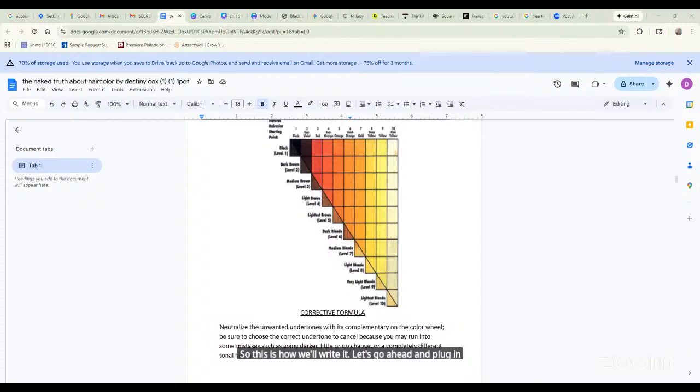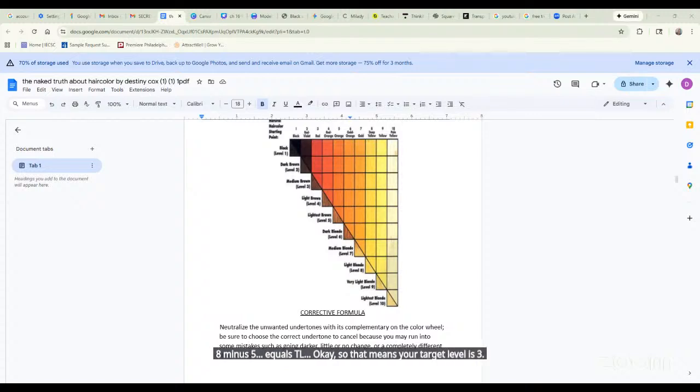So it'll be 2 times 4 minus 5 equals TL. Okay. 2 times 4 is what? 8. 8 minus 5 is 3. equals TL. Okay, so that means your target level is 3.